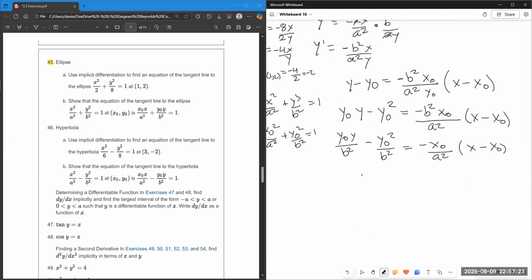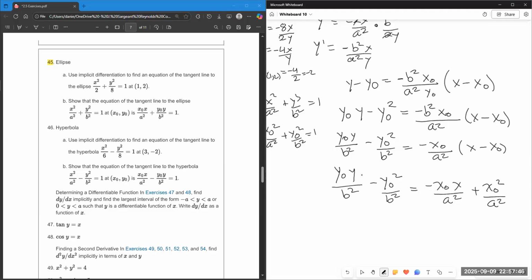That's closer to what I want. So y naught y over b squared minus y naught squared over b squared is equal to negative x naught x over a squared plus x naught squared over a squared.